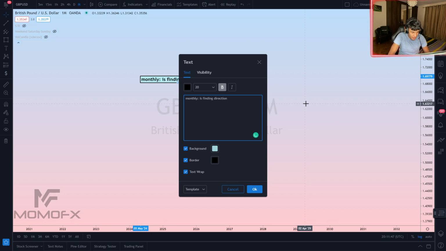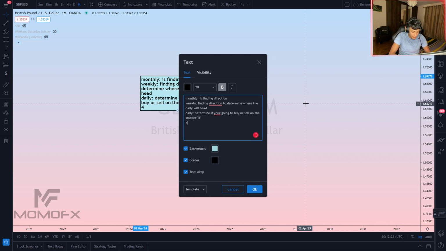Then you have the weekly time frame, finding direction as well, to determine where the daily will head. And then you have the daily, determine if you're going to buy and or sell on the smaller TF.